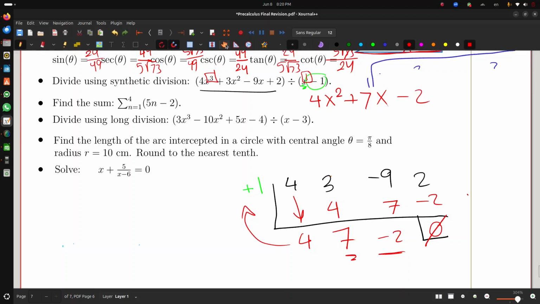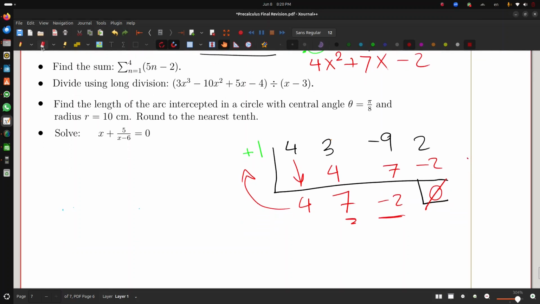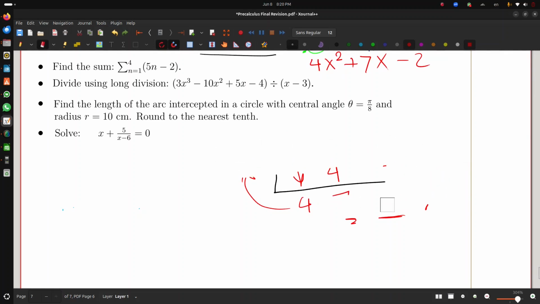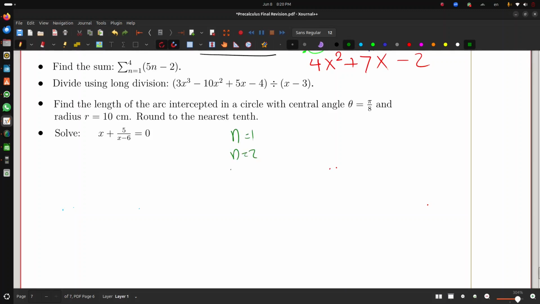Okay, next question. We need to get the summation of 5n minus 2 from 1 to 5. As we have explained before, we will say n is equal to 1, n is equal to 2, n is equal to 3, n is equal to 4, n is equal to 5.